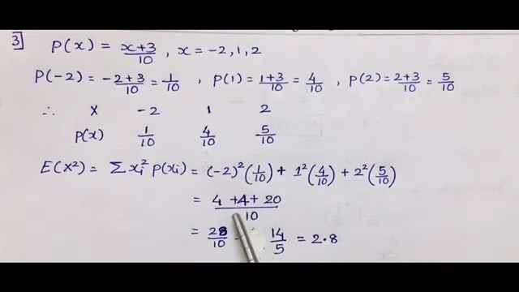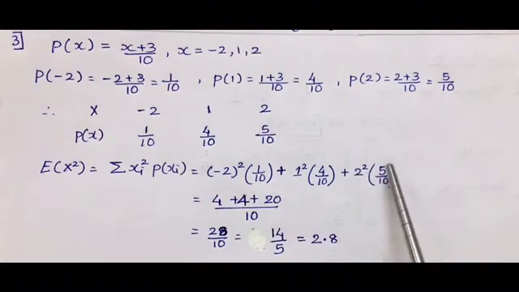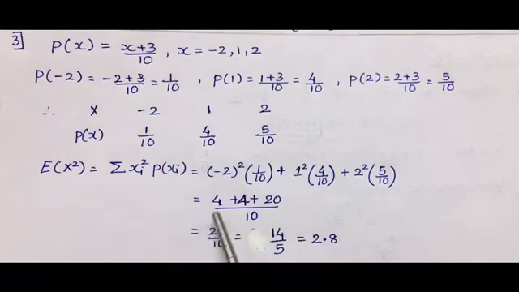So minus 2 square makes it 4, 4 into 1 is 4, 1 square into 4 is 4 and 2 square, that is 4 into 5 is 20. The denominator of all is 10, so it is whole divided by 10. Adding 4 plus 4 plus 20 makes it 28 by 10. If the cancellation is done, it becomes 14 by 5 and converting into decimal will make it 2.8 as the answer of E of x square.